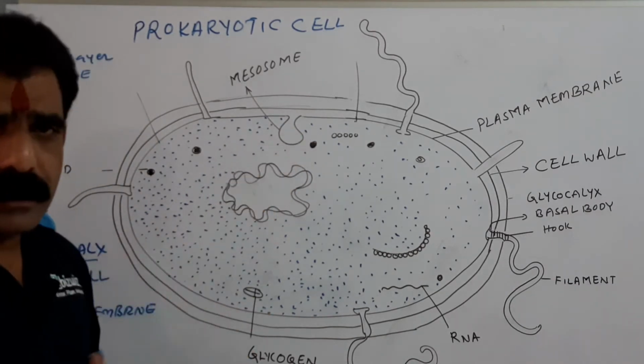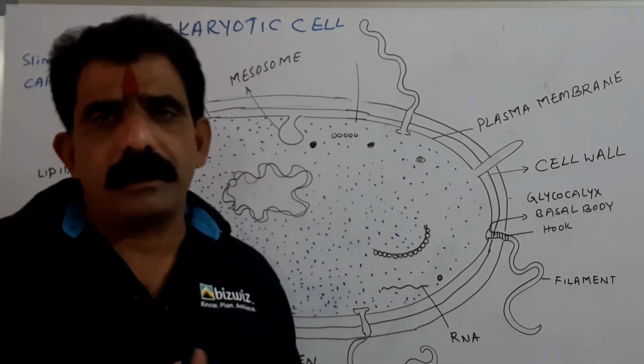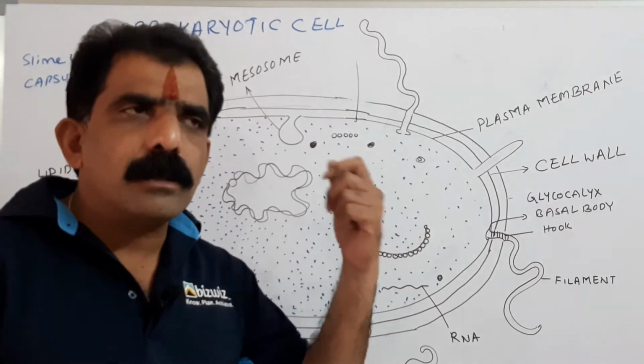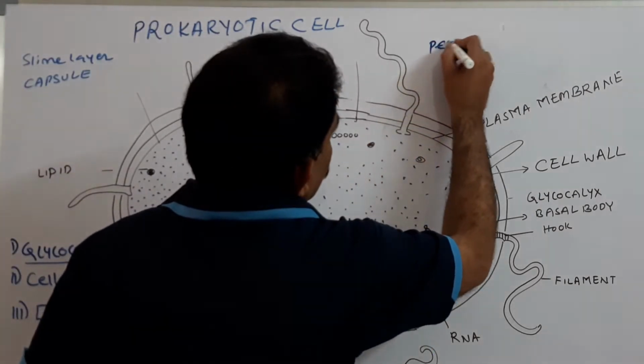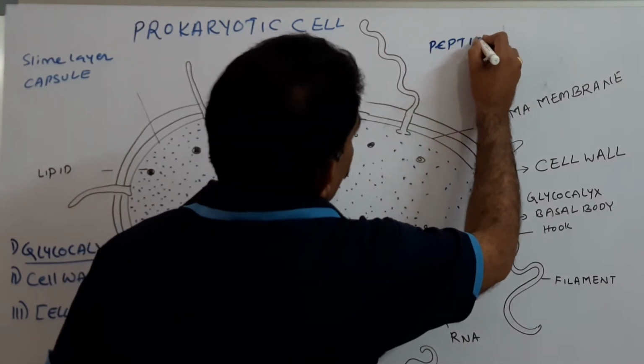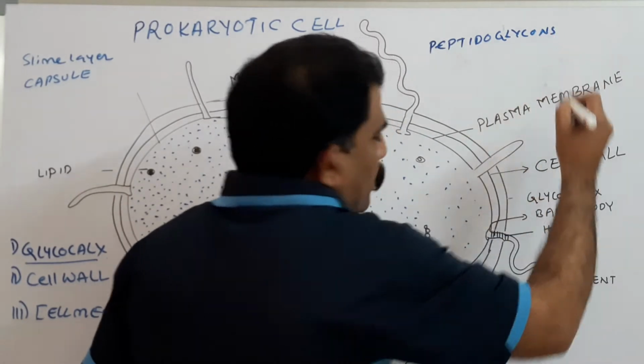Here the cell wall is present, but in general the plant cell wall contains cellulose, whereas here, instead of cellulose, peptidoglycans are present.